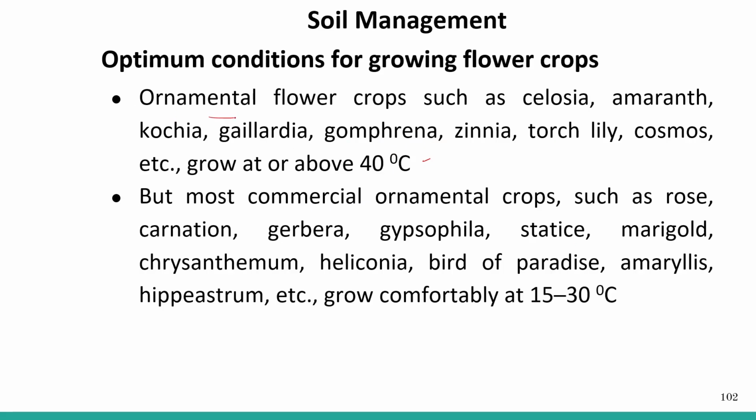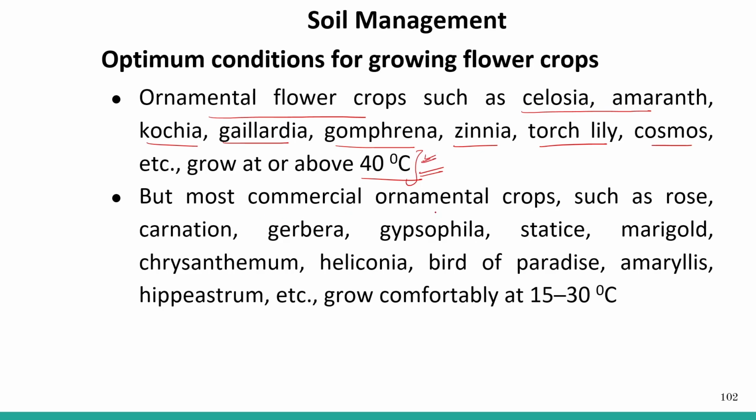So the ornamental flower crops such as celosia, amaranth, kochia, gaillardia, gomphrena, zinnia, torch lily and cosmos, etc. grow at or above 40 degrees centigrade. So they require a temperature above 40 degrees centigrade.